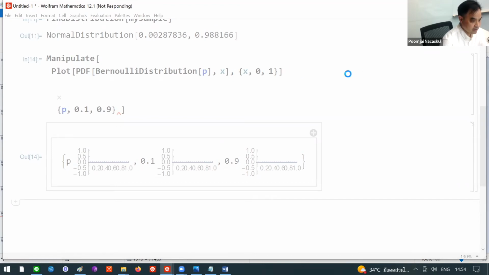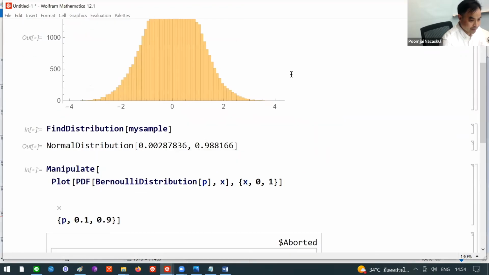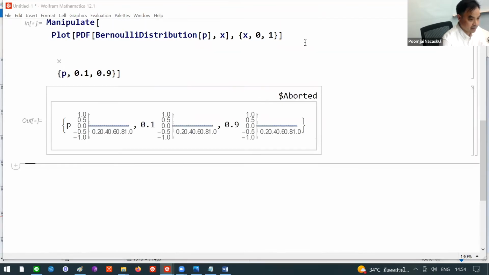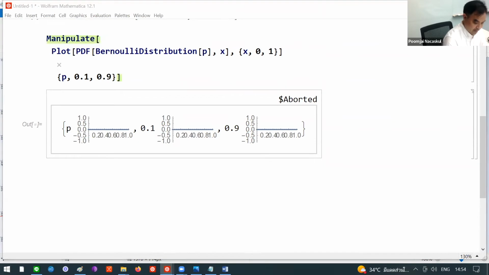I made it mad because I didn't put the bracket.